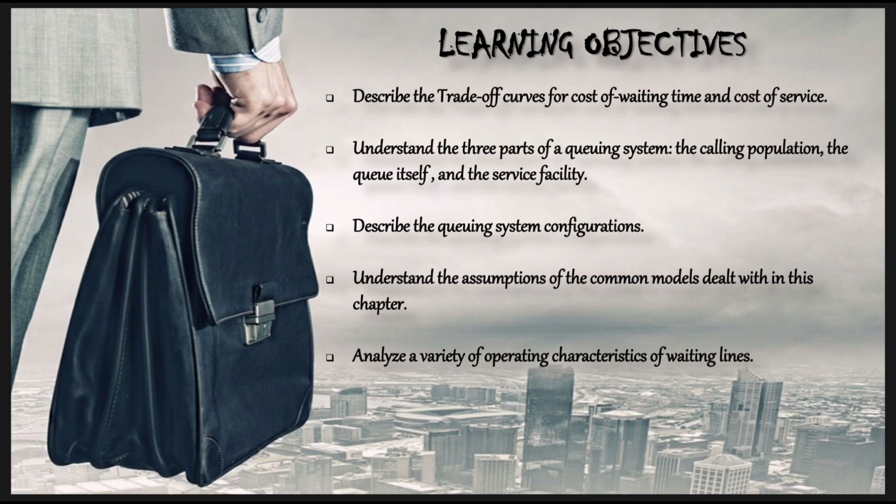Understand the three parts of a queuing system: the calling population, the queue itself, and the service facility. Next, describe the basic queuing system configurations. Understand the assumptions of the common models dealt with in this chapter. And analyze a variety of operating characteristics of waiting lines.